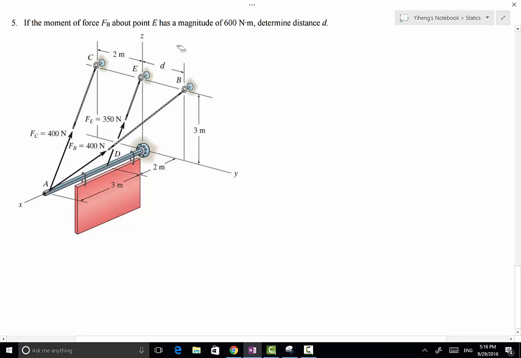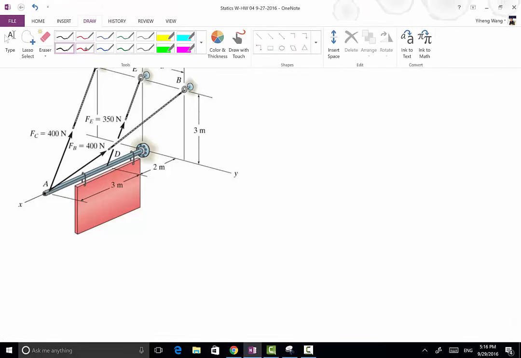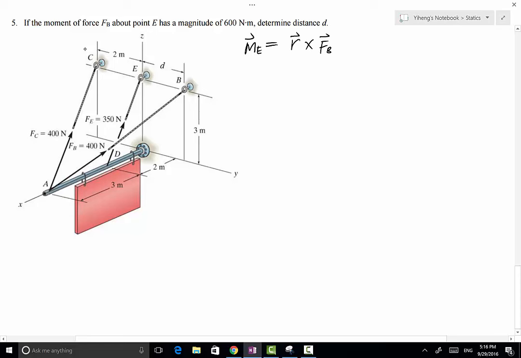So, as I said, we start the same way we would find the moment caused by Fb about point E. That equals a position vector cross force vector B. Force vector B is directed from point A to point B. So when we choose the position vector, we have two viable options, either position vector EA or EB.